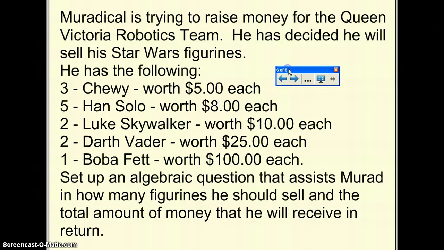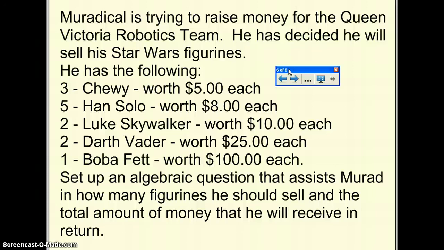Last question. Muradical is trying to raise money for the Queen Victoria robotics team. He has decided he will sell his Star Wars figurines. He has the following: 3 Chewies worth $5 each, 5 Han Solos worth $8 each, 2 Luke Skywalkers worth $10 each, 2 Darth Vaders worth $25 each, and 1 Boba Fett worth $100.